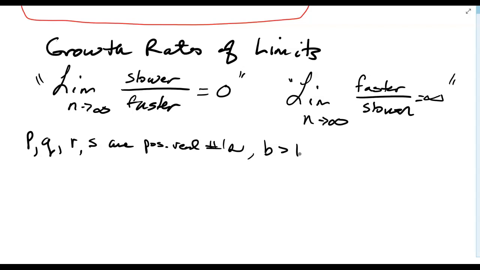So one of our slowest growing functions is actually ln to any power. That is considered a very slow growing function. The next thing that's kind of slow is any base to a power.